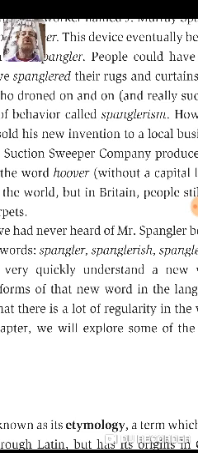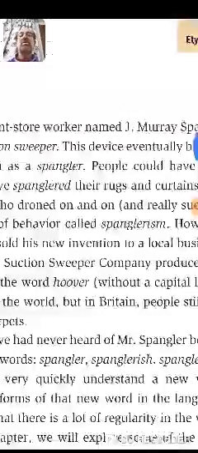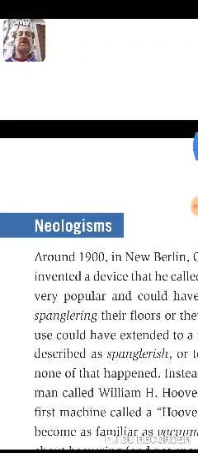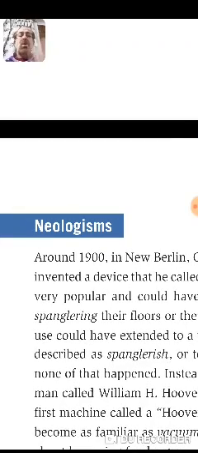So a new word is formed. This is what we call neologism, as you can see now. Okay, well, so it was partly hypothetical suggestions for how words are formed.